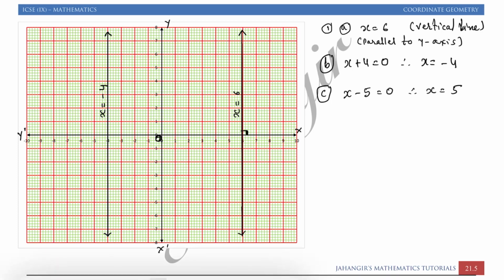I will draw it properly. The line can be of any size, it doesn't matter, just make sure it is as long as possible in the graph paper. This can be written as x equal to 5. Hope you had understood how to draw vertical lines. When we have vertical lines in the form x equal to a, you have to draw a vertical line from the given value of x. Vertical line means it is always parallel to the y-axis.